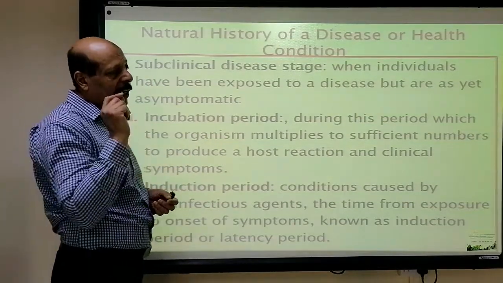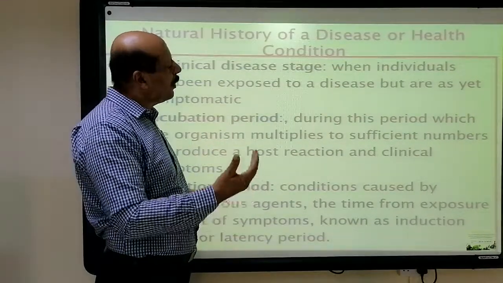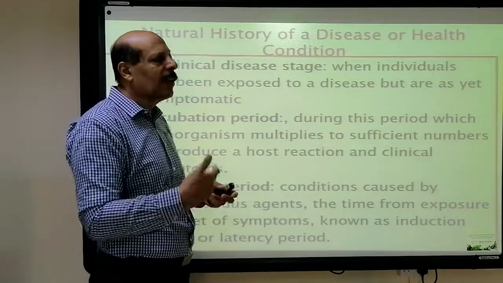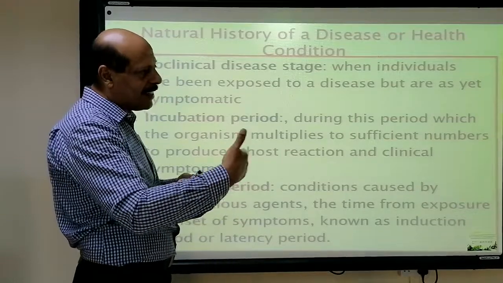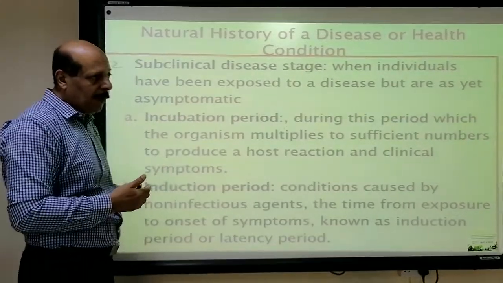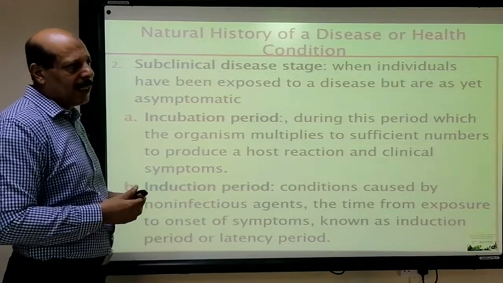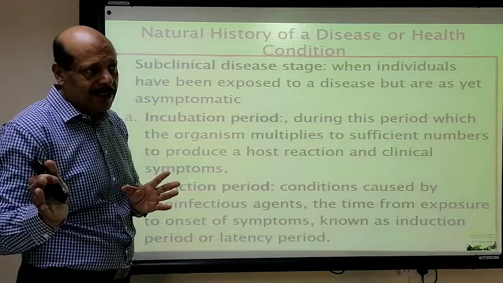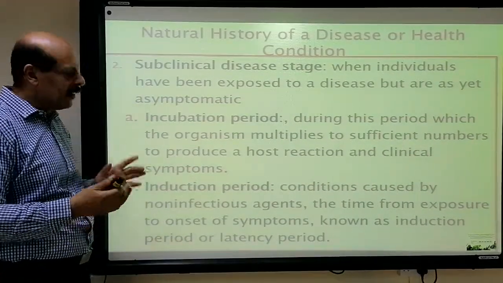The organism might enter the body and take, for example, 1 week to multiply and produce signs and symptoms. If this is common in most of the people who get infected with this disease, we say that the incubation period for this disease is 7 days. It is different from organism to organism and disease to disease.